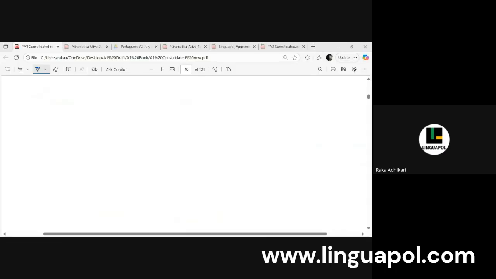Sorry, I'm getting a blackout on my screen. Just a second. Are you able to see my screen or is it white for you too? It's white.